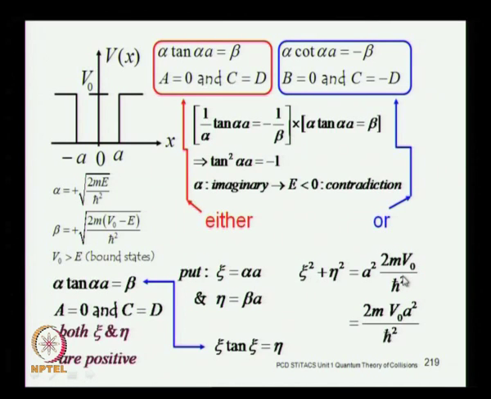It has to be a constant for a given potential, because the potential is completely determined by just two parameters. One is the depth of the potential, which is V0, and the second is its range, which is a.